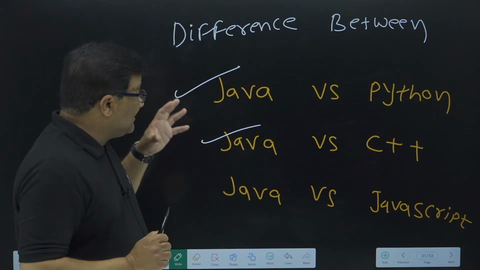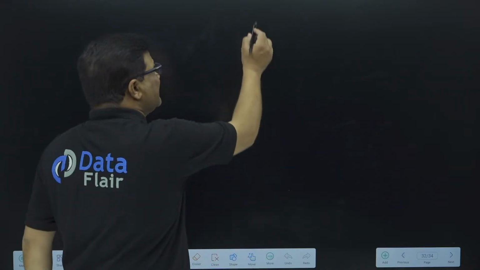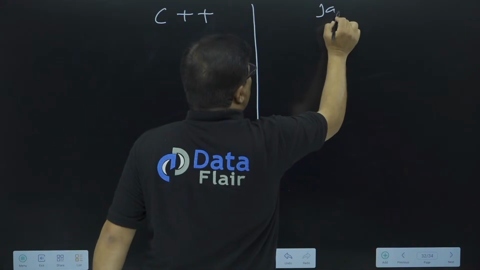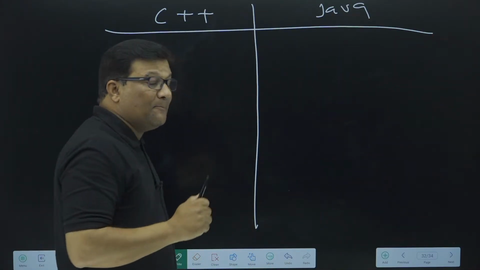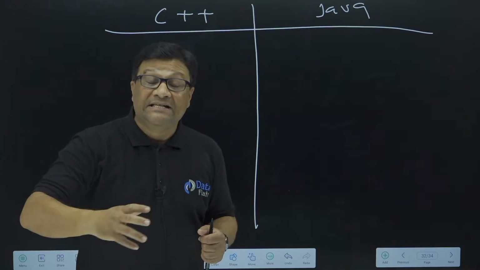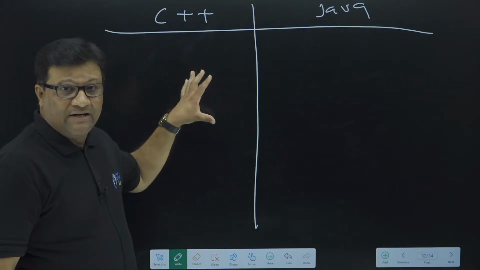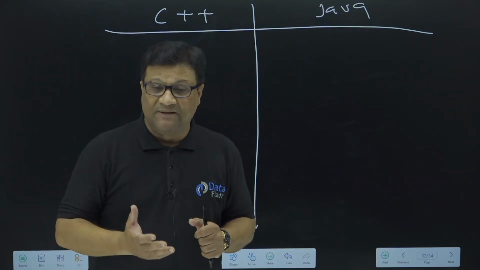So this is for those people who have a background of C++. Firstly, let me discuss the difference between C++ and Java. There are a lot of differences between C++ and Java, but let me focus on the main important ones. First one: C++ is partially object oriented, while Java is more object oriented as compared to C++.